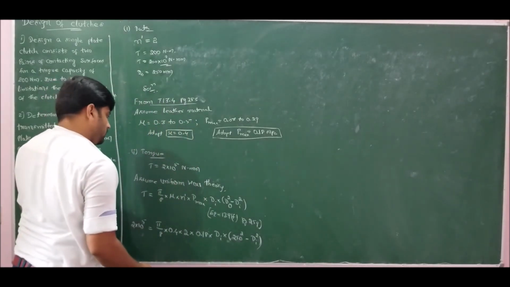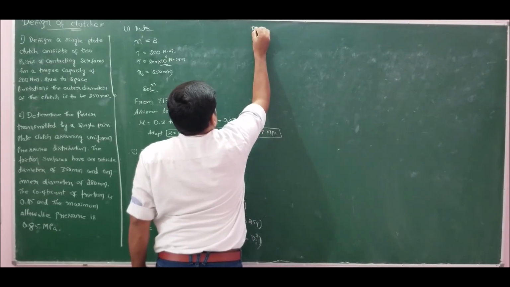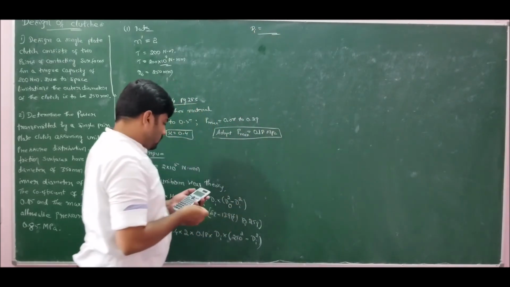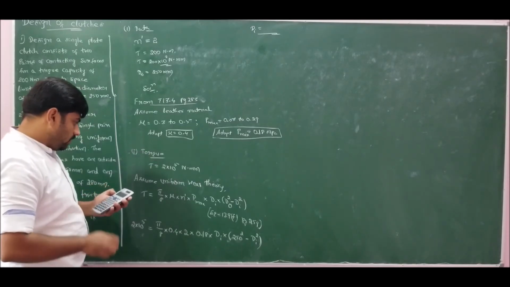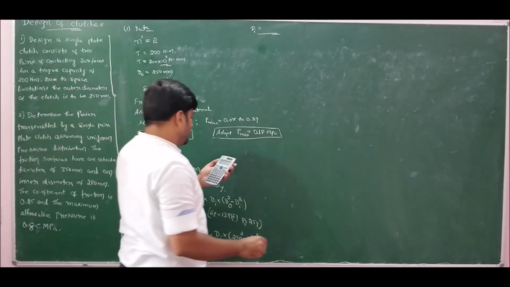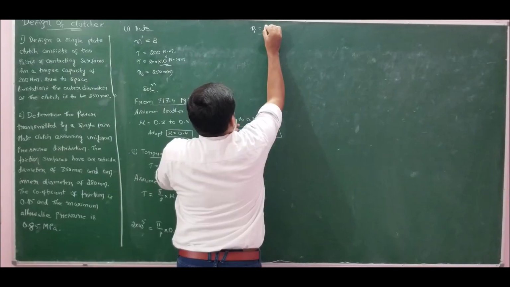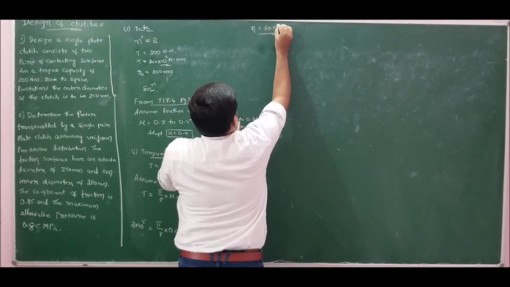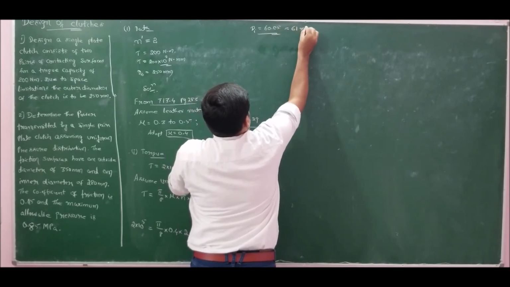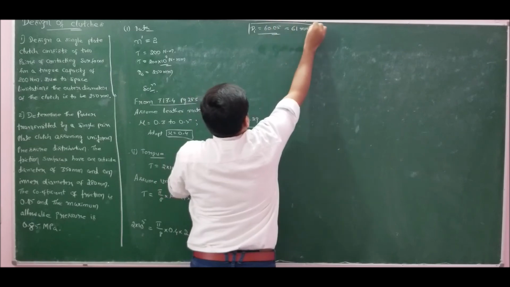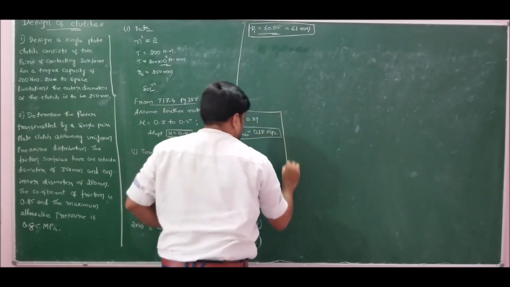If I solve, I get the inside diameter di as 60.05. So I can adopt it as 61 millimeters.